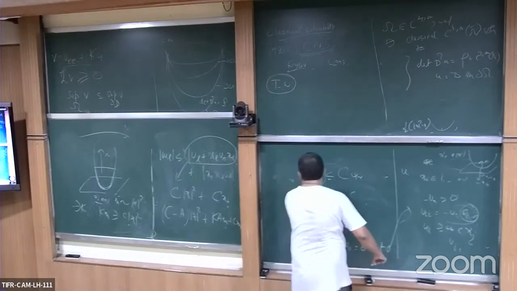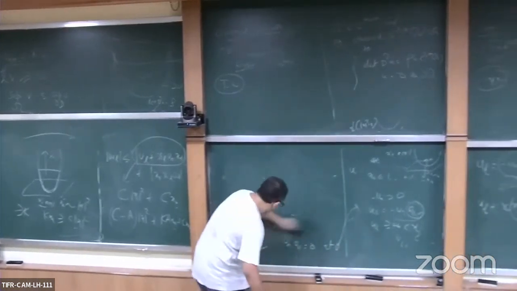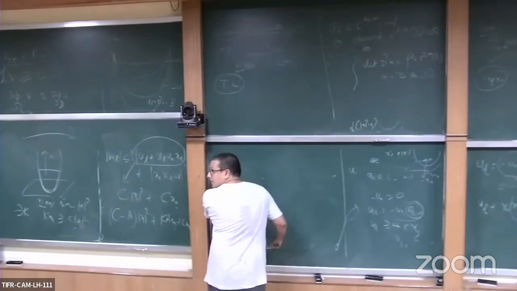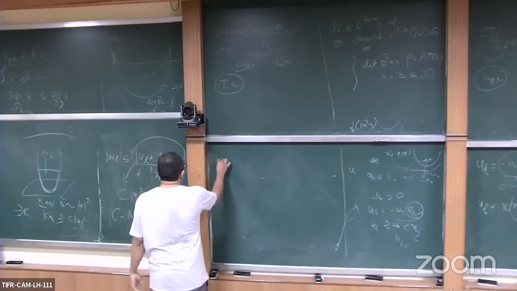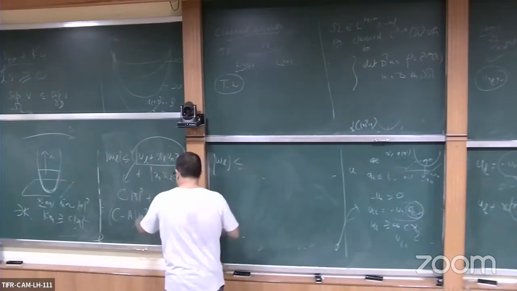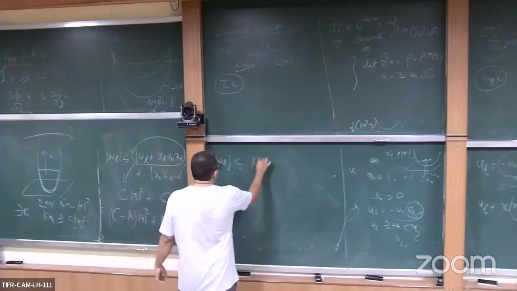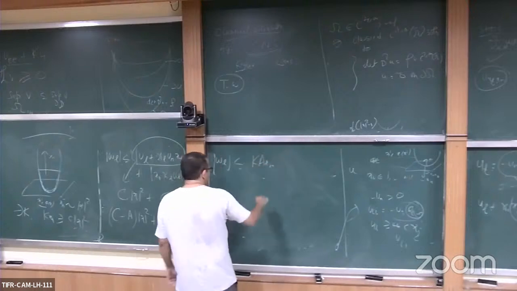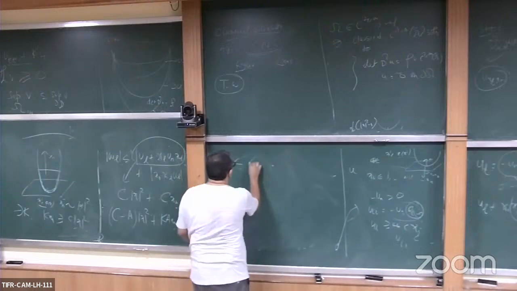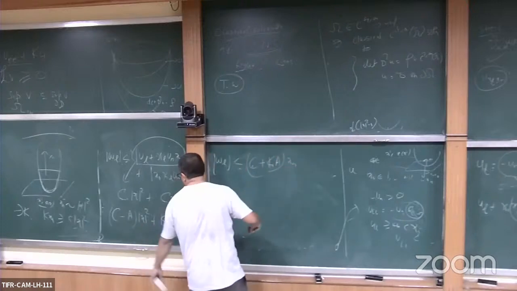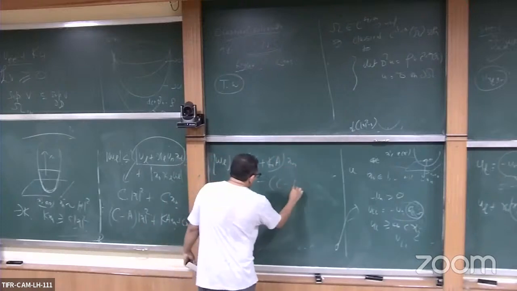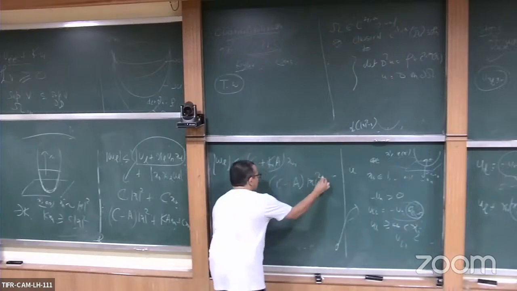So WL is less than or equal to kc plus k of a xn, but the important thing is to bound the curvatures by minus c minus a mod x square.